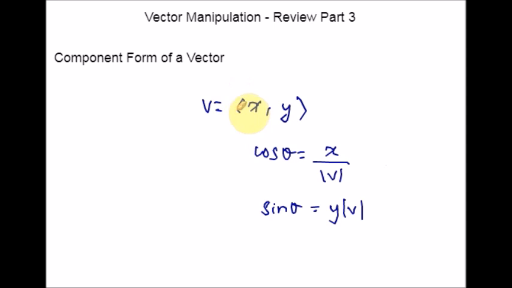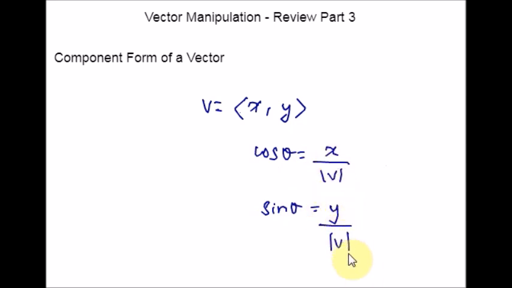Okay, so these are the vector components in terms of magnitude and direction. So consider a position vector (x, y) in the direction angle theta. cos theta is x over the magnitude of v and sin theta is y over the magnitude of v. You can rewrite both in terms of x and y over v.